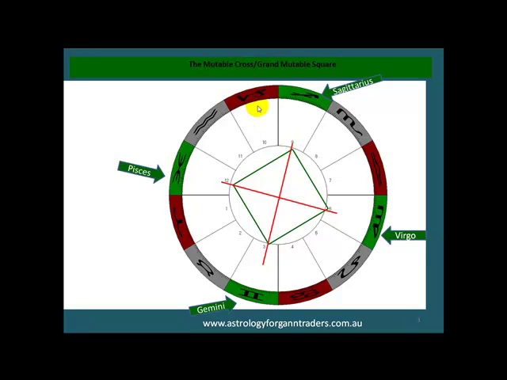Now you can see why this can either be called a cross or a square. Here's our square again, but also we have our cross. We have 4 planet positions involved. There will be times in the heavens when there's actually 1 planet on each of these points, and this is when we have what is called a grand square, and this being a mutable one.